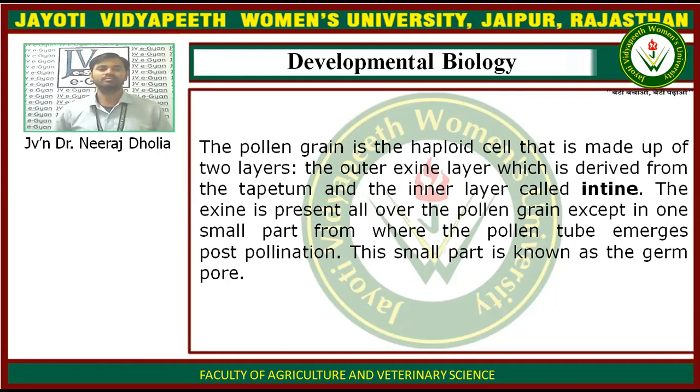This part is known as the pore. The pollen tube is generated from this part of the pollen grain. This small part is termed the germ pore.